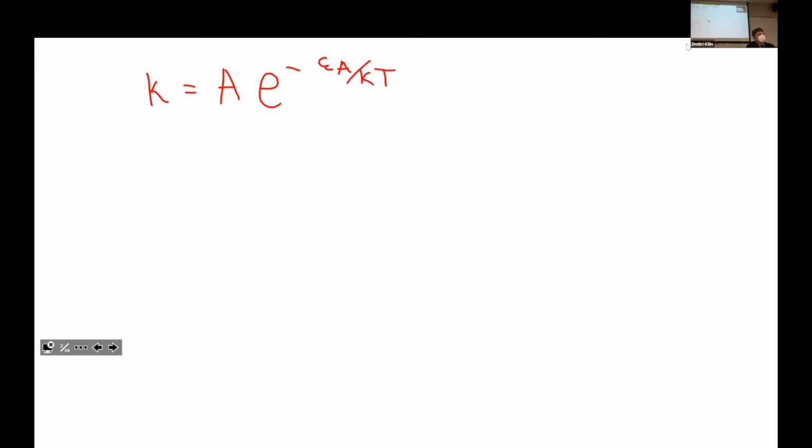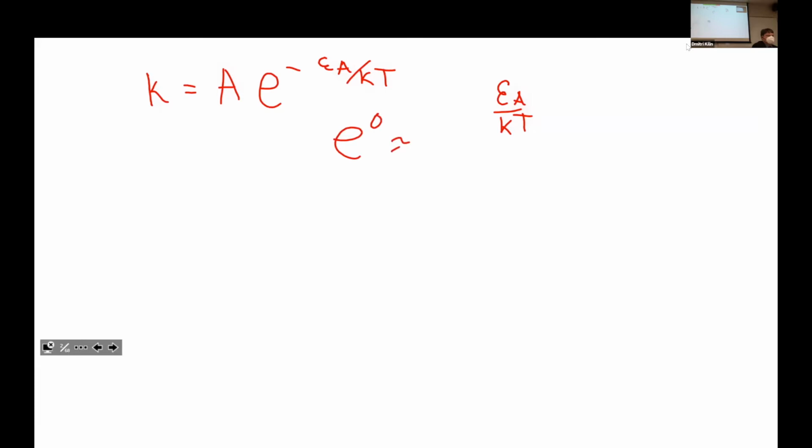So the ratio between activation energy and thermal energy defines whether reaction goes or does not. So if activation energy is smaller than kT, then e to the power 0, it is about 1, right?